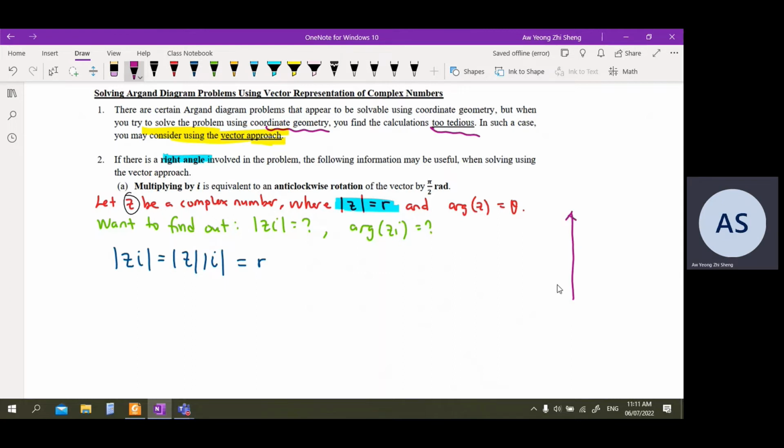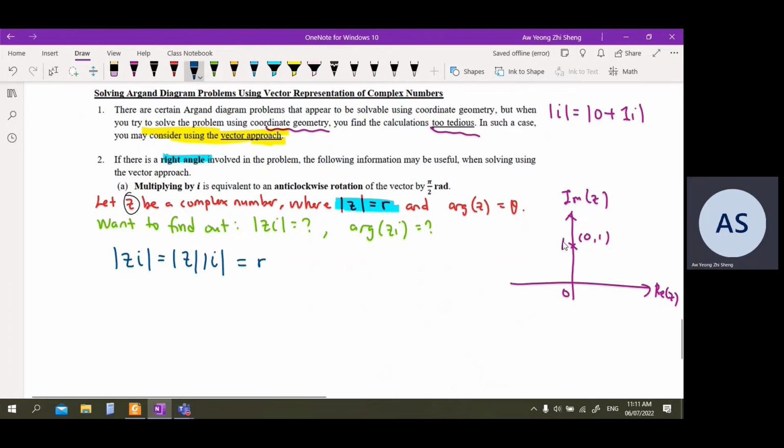we just need to find out what is the point representation of the number i on the Argand diagram. The number i, which is the same as 0 plus 1i, has coordinates on the Argand diagram of (0, 1).